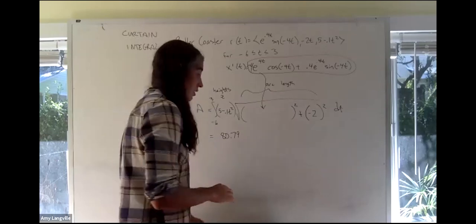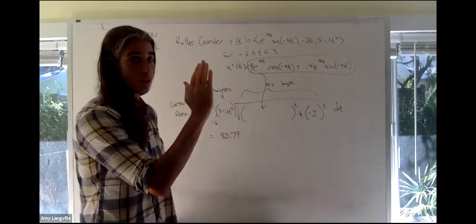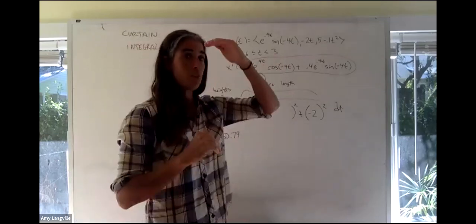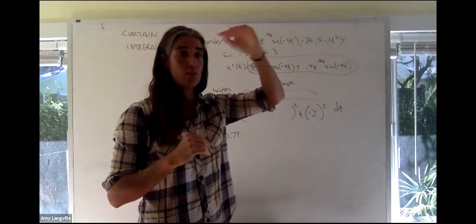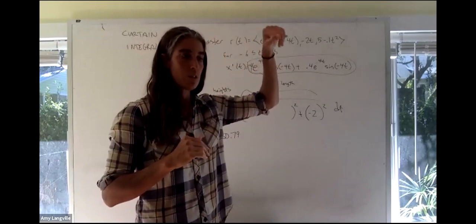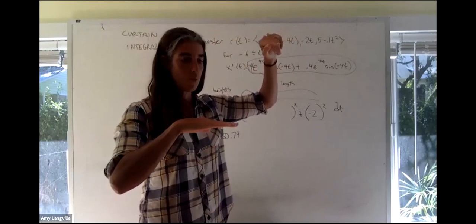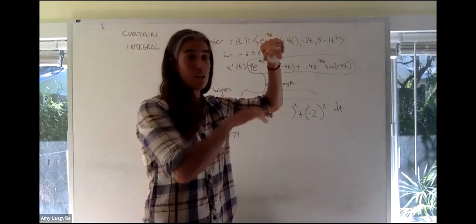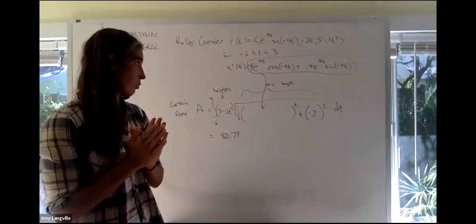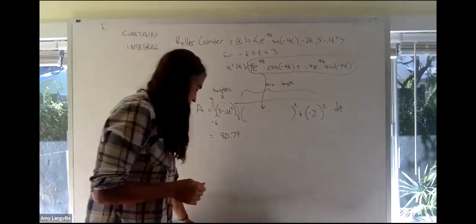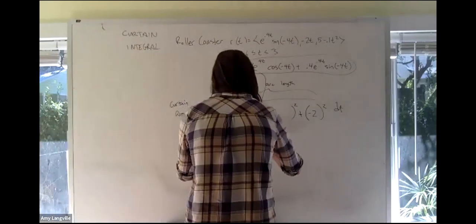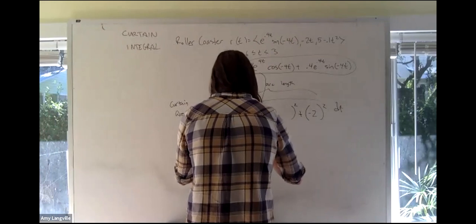Again, what that represents is the area of the curtain that goes from the roller coaster's track, which you're actually riding on, and then the projection of that same track down in the XY plane. So we build a support structure with that units squared because it's an area, whatever those are for this problem.